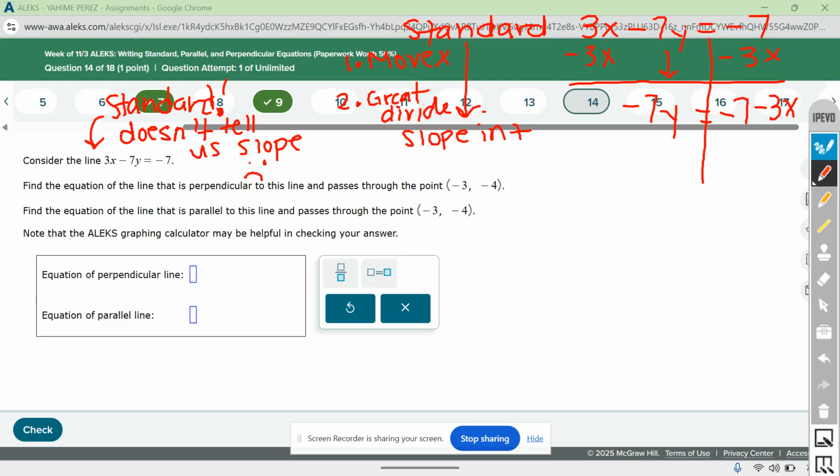And the last step would be to do the great divide, meaning I'm going to divide everything by negative 7, right? So my goal here is to get y alone so that I have slope-intercept form.